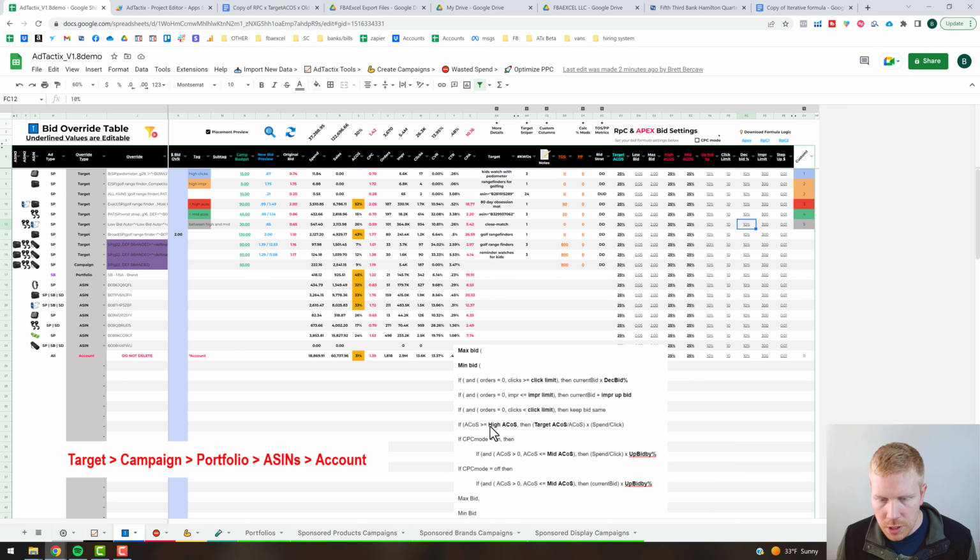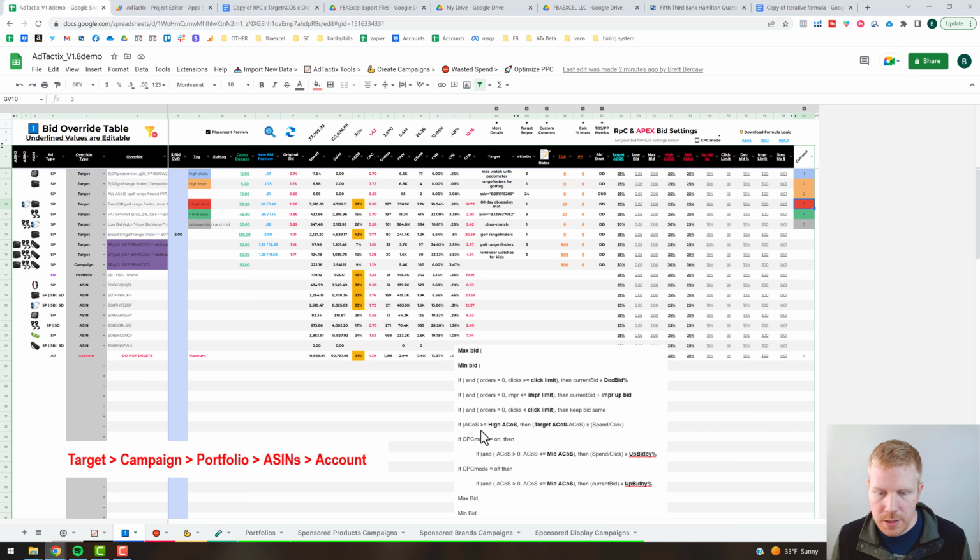Now we start talking about our converting targets. So up until now, we've just talked about our 0 converting targets because the orders here are 0, right? So now we've got a couple different things. We've got a high ACoS, we've got a target ACoS, and we've got a mid ACoS. All right, so for this first example, this number 3 in red, we've got a higher ACoS.